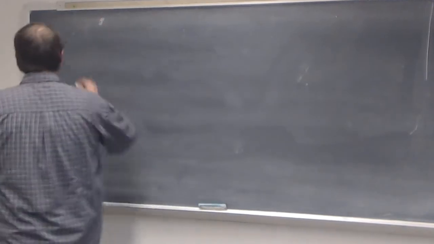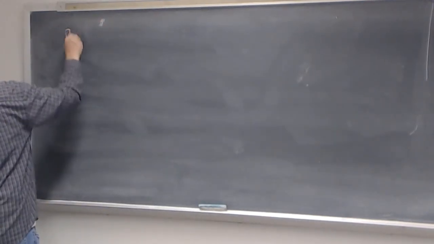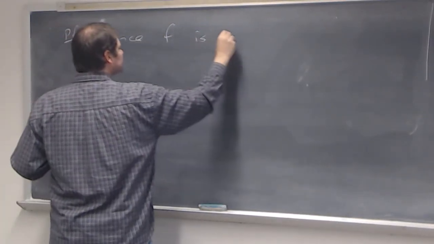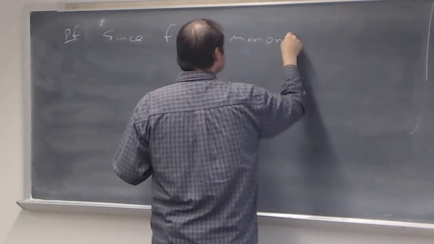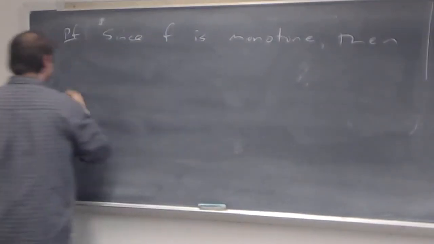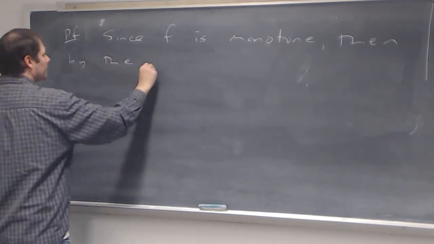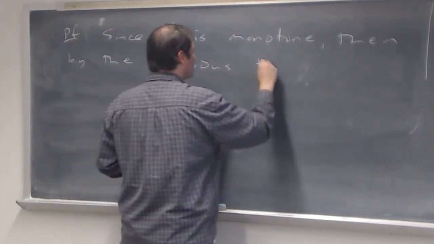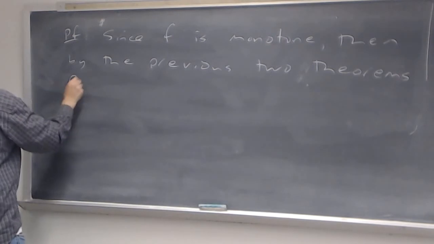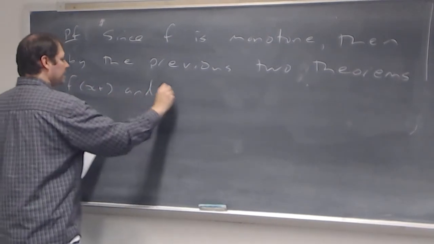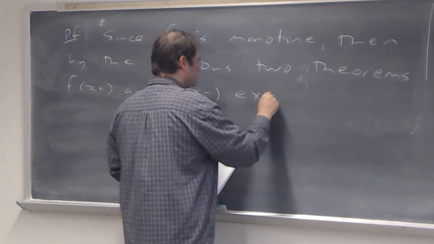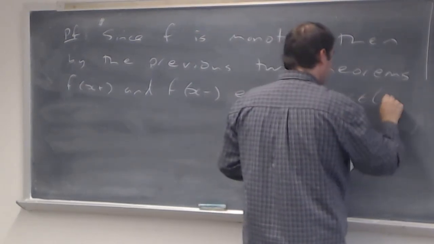Okay, so here's the proof. Since f is monotone or monotonic, then by the previous two theorems, f of x plus and f of x minus, the right and left hand limits exist for all x in a to b.